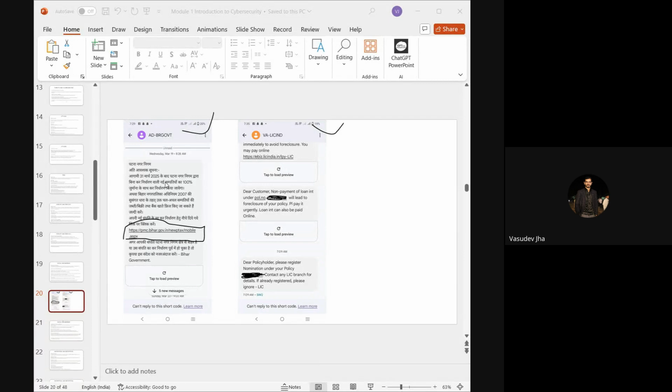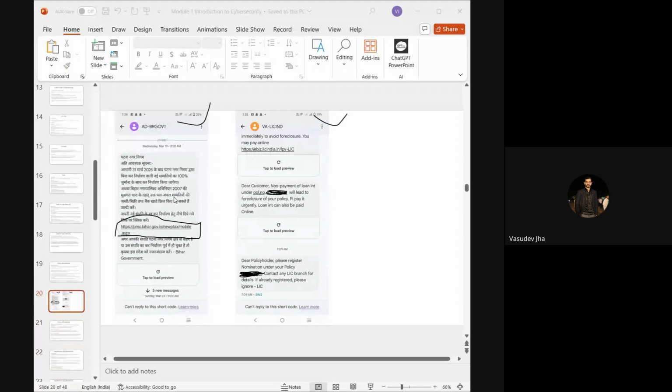So Nawaz, if you are from Patna, when I got this message, I was also confused because the BR GOVT and this URL, everything is working. When I did some research on this, I found that the website is PMC only, but the specific subdomain has somehow been compromised.